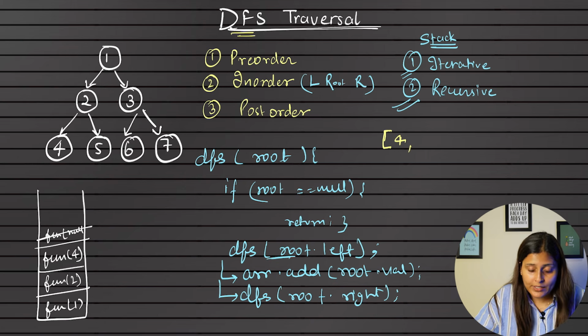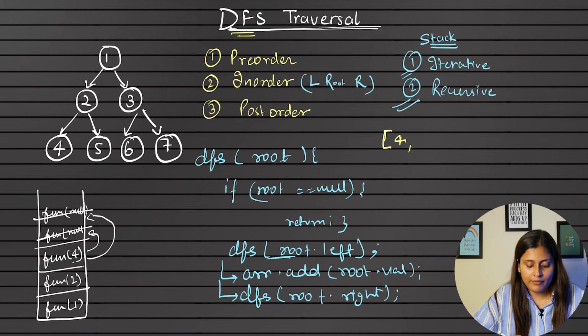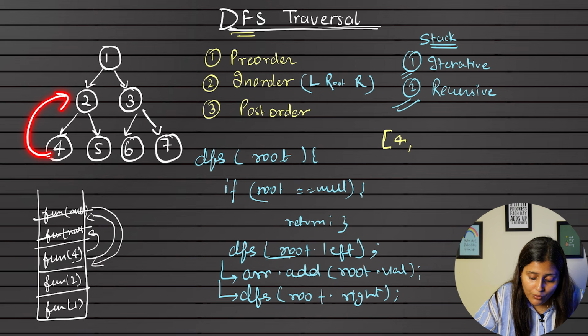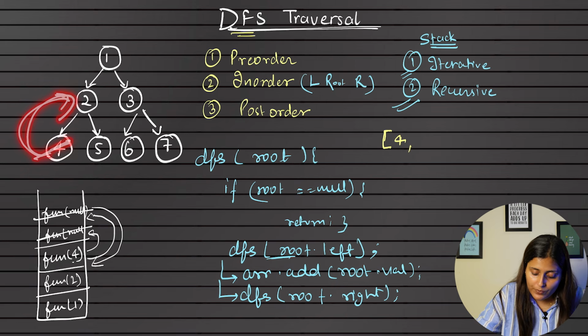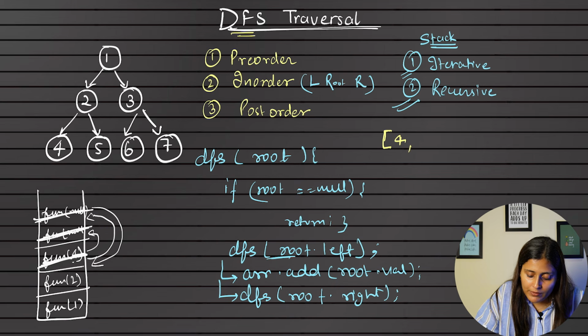When this got returned, we went to function 4 again. Now again from function 4, 4.right got called, which was again null. Again when this got returned, we returned back to 4, correct? Now when 4 got returned, it went back to 2. So 4 also got returned, done, and now we went back to 2.